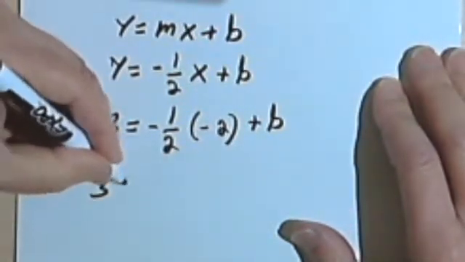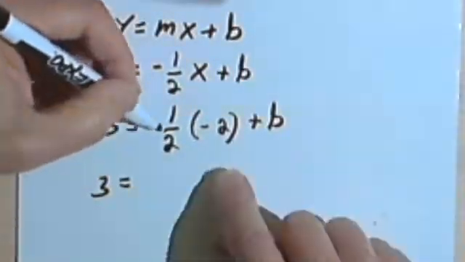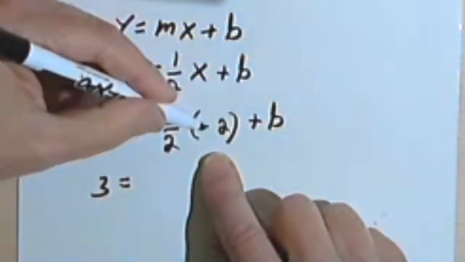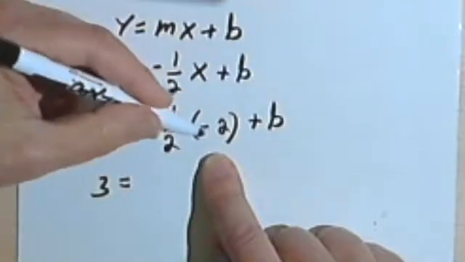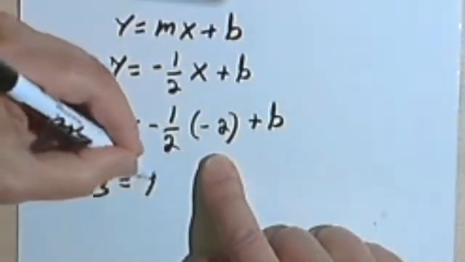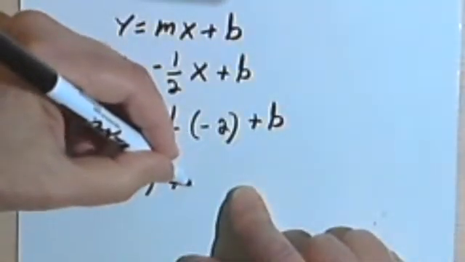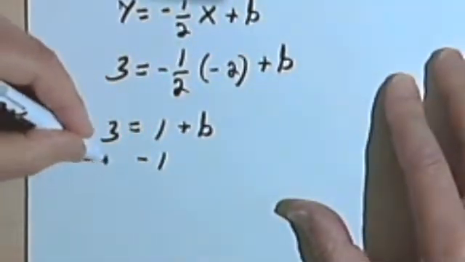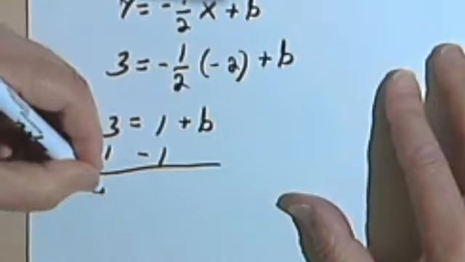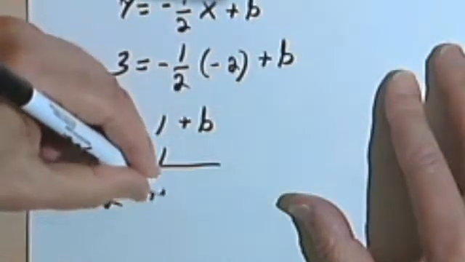So I've got 3 equals, let's see, -1/2 times -2, so I know that's going to be positive. And 1/2 times 2, well, 1/2 of 2 is just 1, plus b. Subtract 1 from both sides. And I'm going to get 2 equals b.